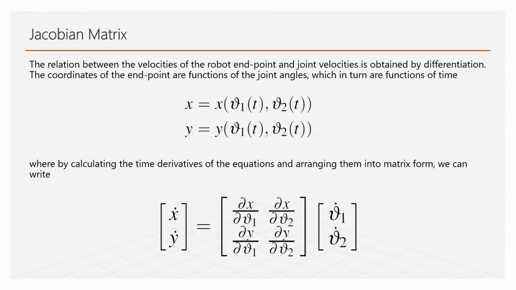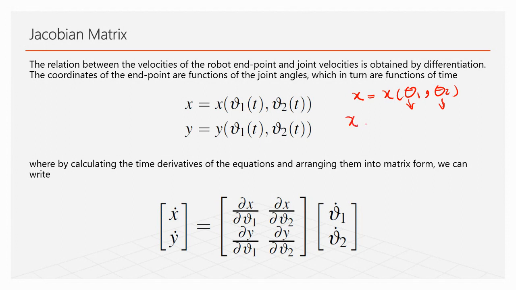The coordinates of the endpoint are functions of the joint angles, which in turn are functions of time. Which is true. It says that your end location x is a function of theta 1 and theta 2, and these theta 1 and theta 2 themselves are functions of time.